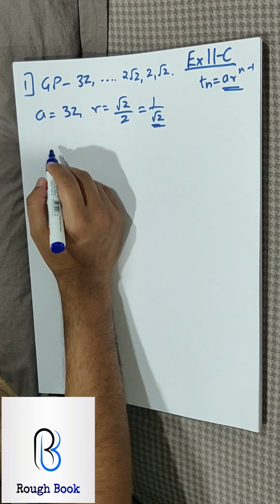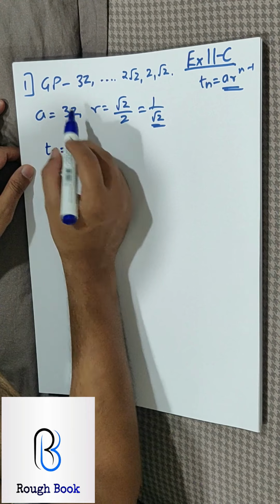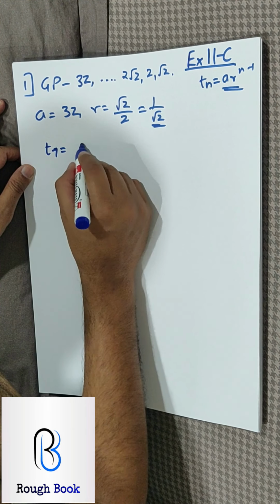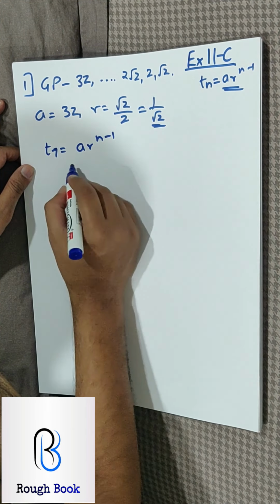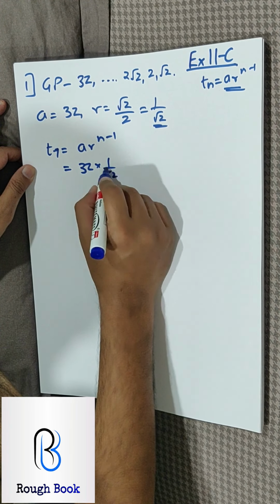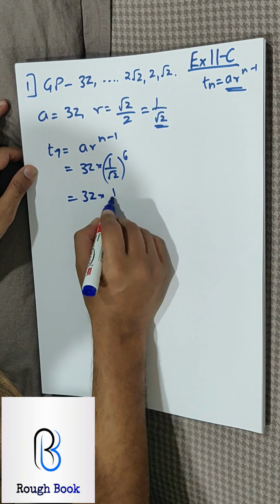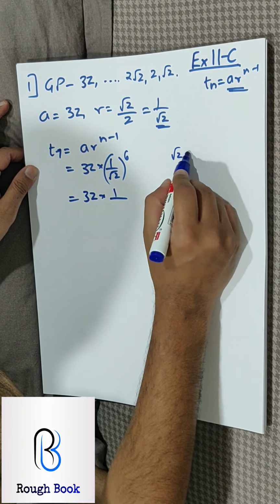My target is to find what? The seventh term from the end. So now it's going to be the seventh term from the start because we reversed it. So T7 equals A R to the 7 minus 1. A is 32, R is 1 by root 2, 7 minus 1, so 6th power. So 32 into 1 by root 2, 6 times.